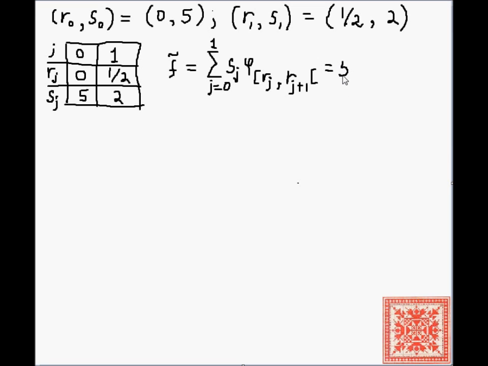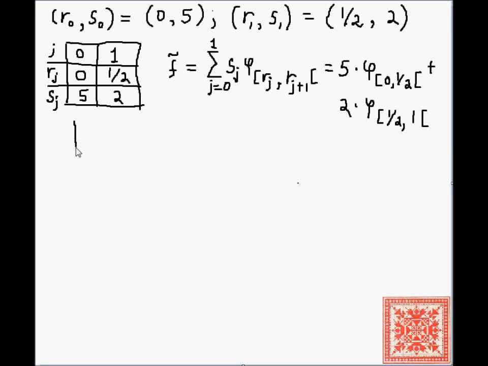If we write it out, I'm going to have 5 times phi on the interval from 0 included to 1 over 2 excluded, plus 2 times phi on the interval from 1 over 2 included to 1 excluded.